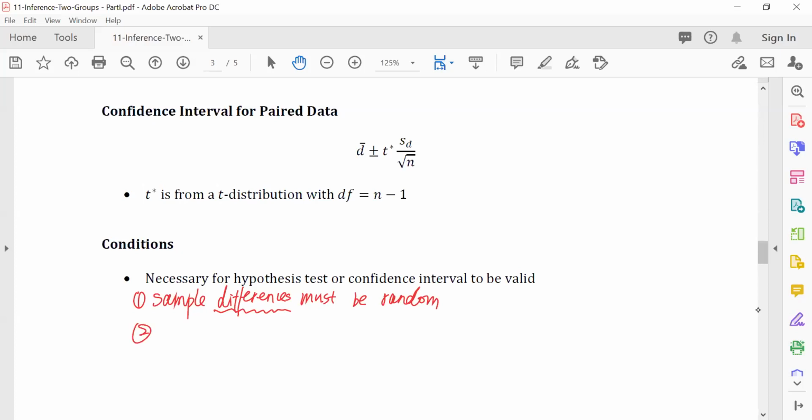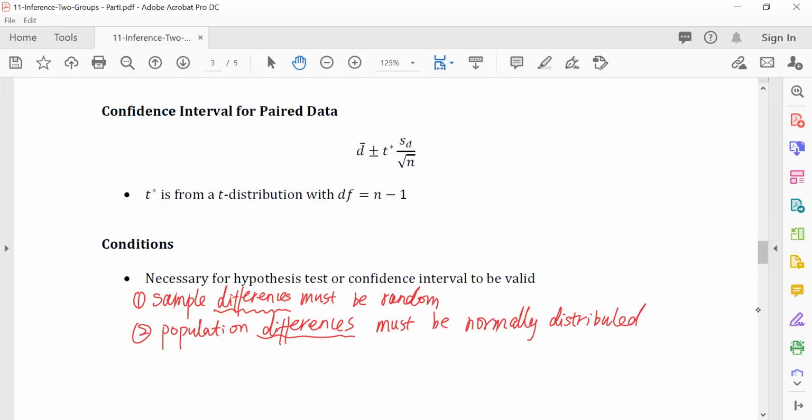The second condition is the population differences must be normally distributed, or you are going to have a large n.